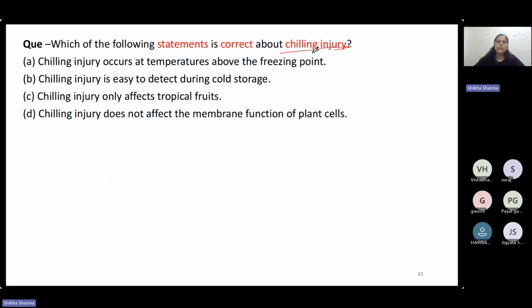Now let's talk about chilling injury. Which statement is correct about chilling injury? Chilling injury occurs at temperature above freezing point, and it is easy to detect during cold storage. Injury only affects tropical fruits, and chilling injury affects membrane function of plants.